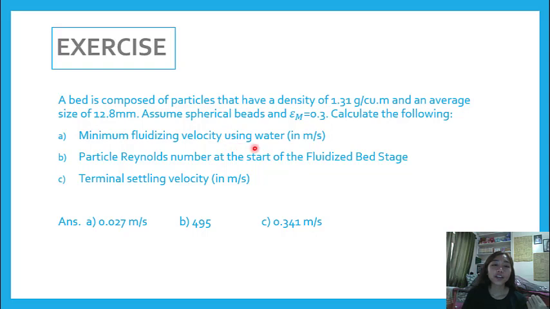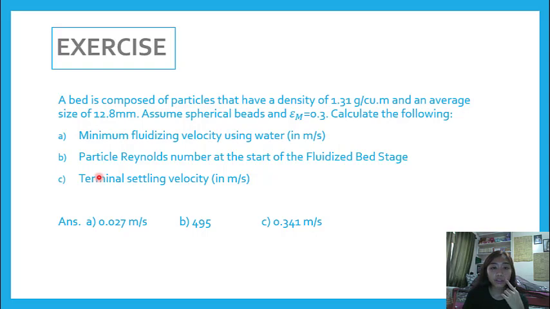And for our fluid density and viscosity, since it is water, we can assume that the density is equal to 1,000 kg per cubic meter, and the viscosity is equal to 0.001 Pascal second. Okay? So, we now have all the givens, so we can compute the minimum fluidizing velocity.